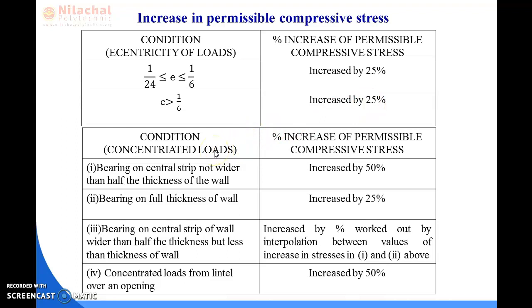Then coming to concentrated loading system. Here there are 4 types of conditions. The first condition is the bearing on central strip not wider than half of the thickness of the wall, then the permissible compressive stress is increased by 50%.